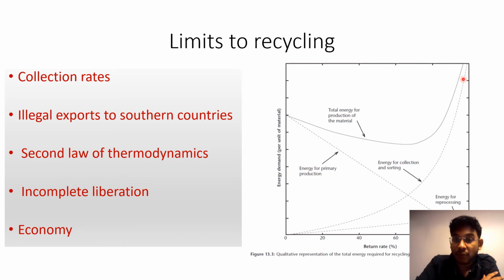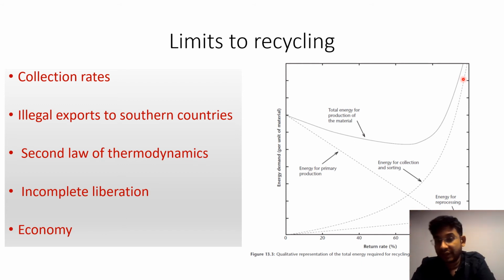Why? Because more and more materials have to be transported from all the different places to recycling plants to actually recycle. So here is the thing, with increased recycled content, that is the amount of material in production coming from recycling, secondary resource-based production of material.